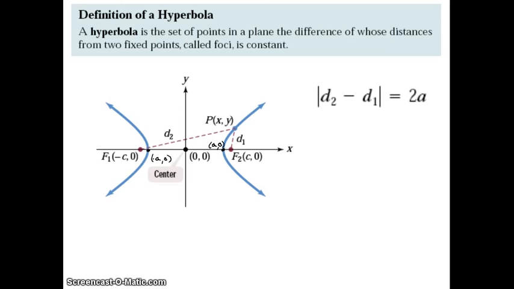So, in other words, if we go from the focus to a point on the hyperbola, to the other focus point, and subtract those two distances and take the absolute value, we will end up with 2a. A is the distance from the center of the hyperbola to the vertex.